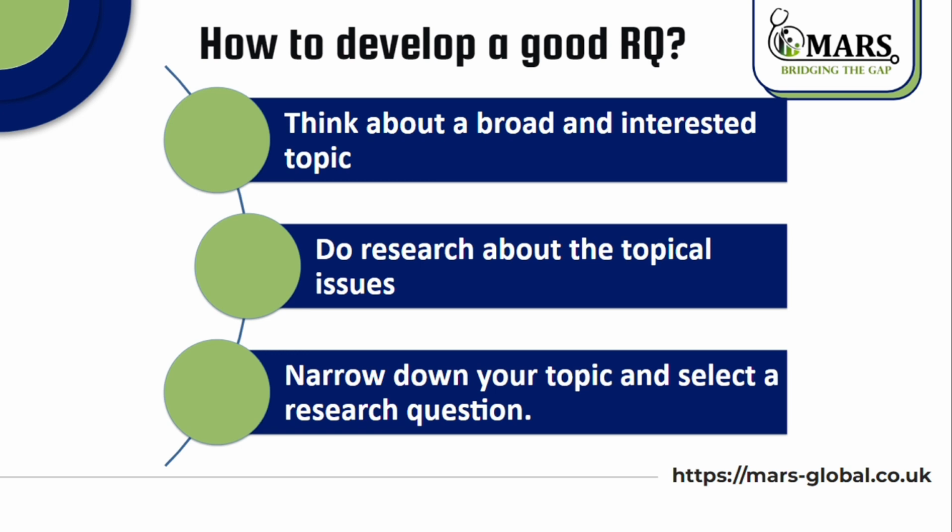The second thing you can do is research the topical issues. This is the initial stage, which allows you to discover issues that are currently being discussed by scholars and fellow researchers, and also to spot existing gaps or limitations in the existing knowledge of your topic.